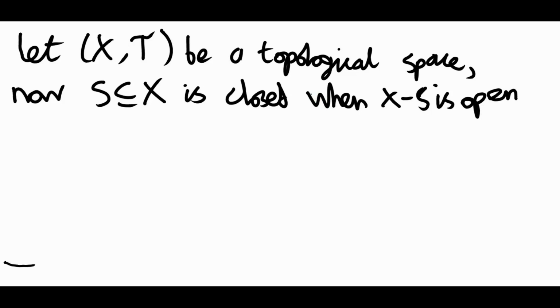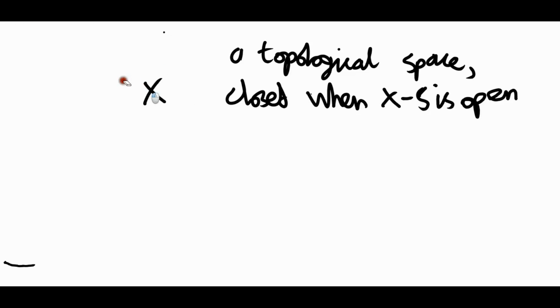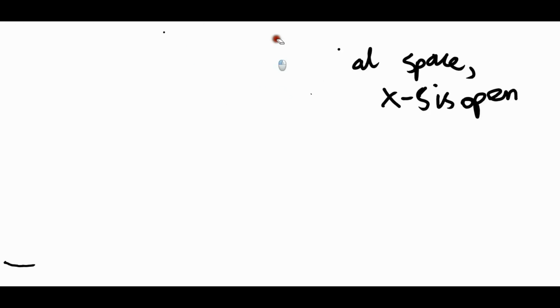But there's another way to express the closed sets in a topological space. And here's where you can see the symmetry, well, almost symmetry between open sets and closed sets. So maybe I shall just rub this out to make a bit more space. Okay then, so proposition 2.